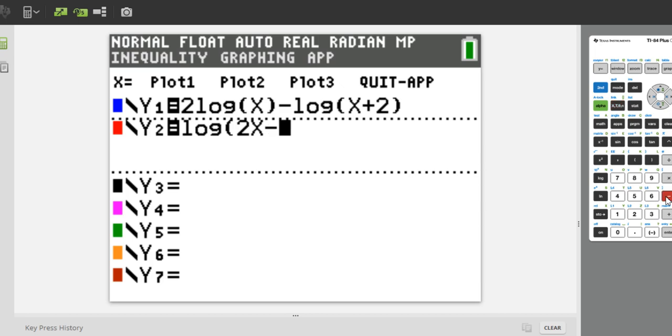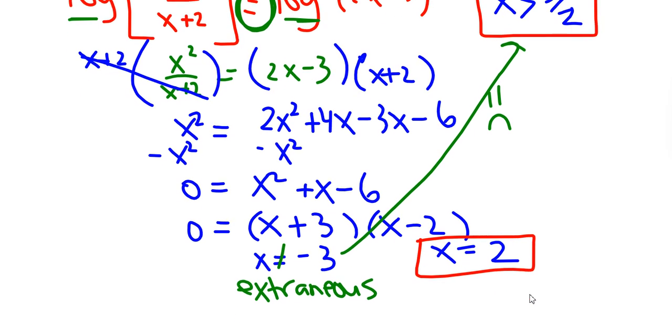Okay, now let's check the solution that we know is the correct solution, which was 2. But I also want to show you what the other solution would look like. So back over here, I'm going to show you y -3. Just in case you didn't catch it, you would catch it on the check in the calculator. So let's try 2 and -3.